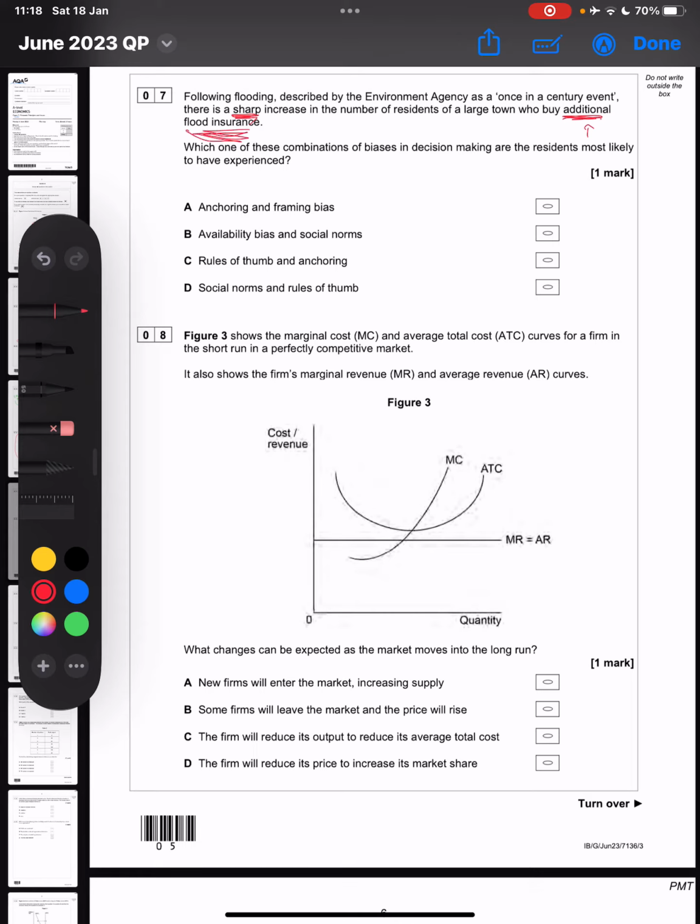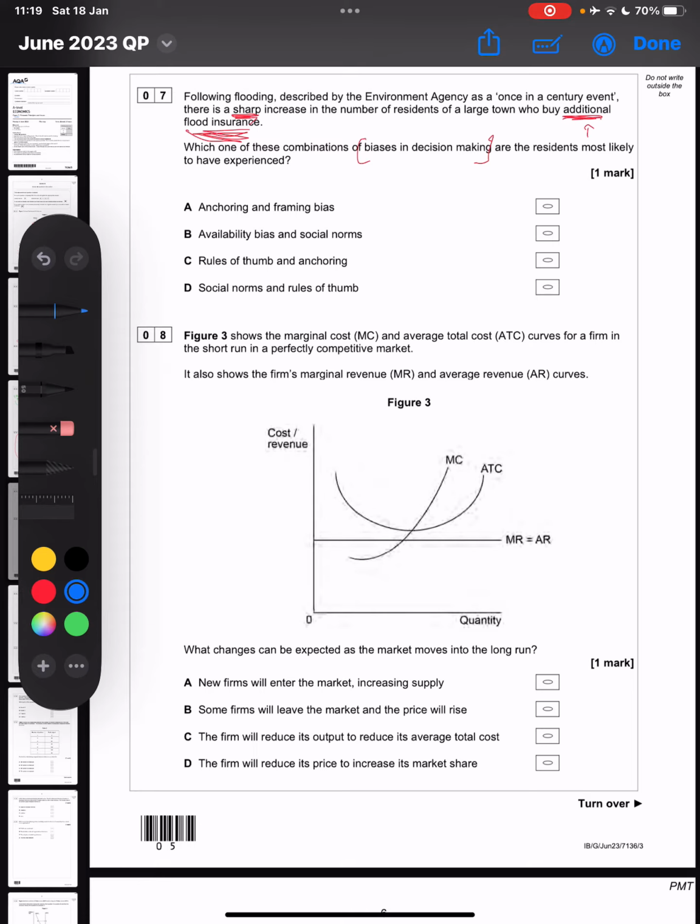Which of these combinations of biases in decision making are the residents most likely to have experienced? Okay, so here people had insurance before and suddenly they are going to get even more insurance. So this is maybe like an overcorrection. Maybe people are really fearful. That kind of thing I'm looking for.